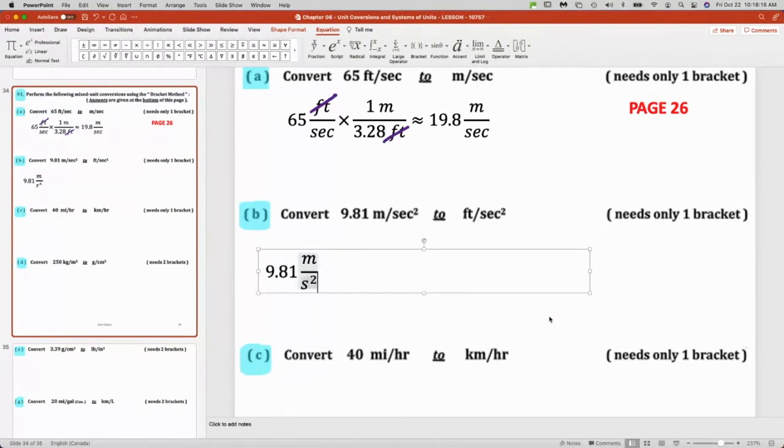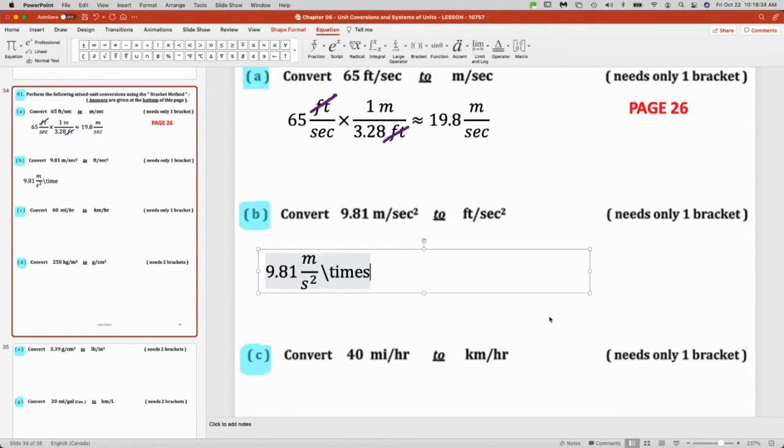So instead of writing seconds, I'm going to write S, okay? I just want to use the letter S because it reads better on my word processor here on the PowerPoint presentation. So we don't want meters per second squared. We want feet per second squared.